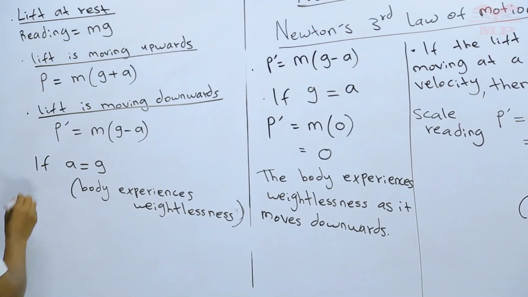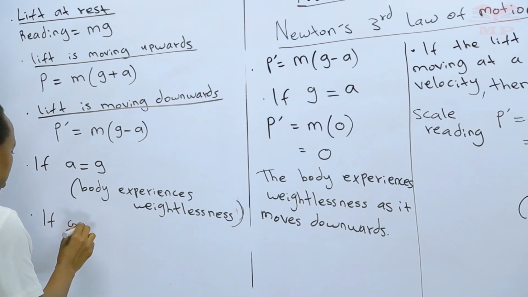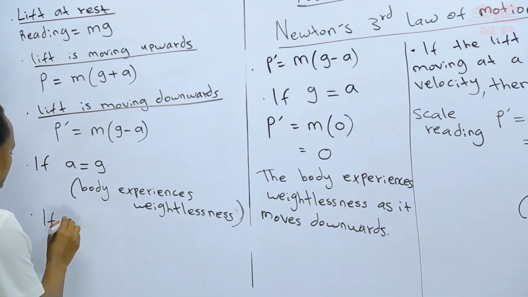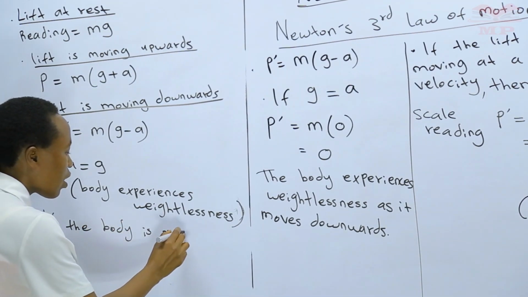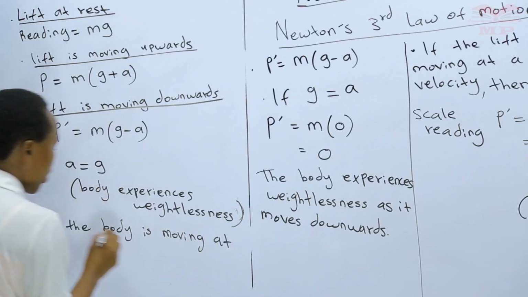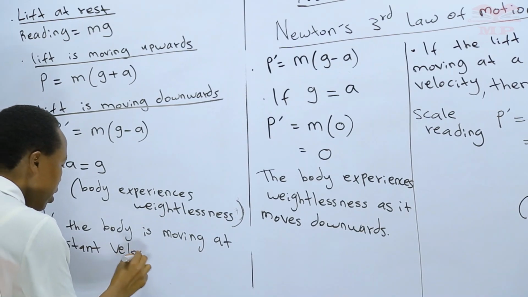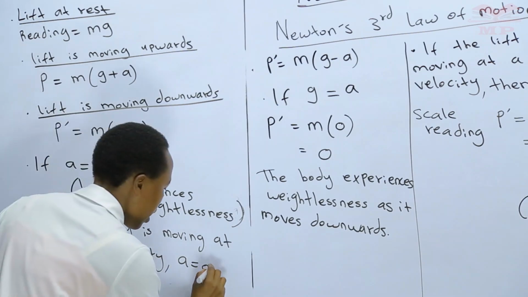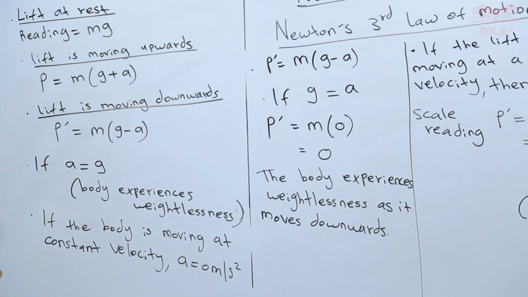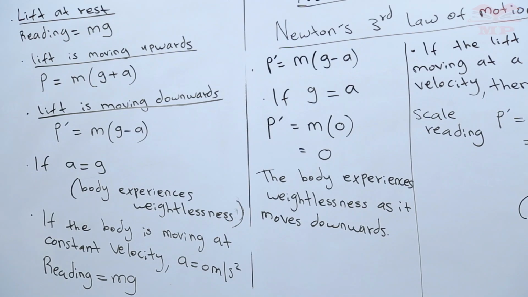Then again, we have seen if the body is moving at a constant velocity, the acceleration is 0 meters per square second, and therefore it means that the reading on the scale will show the weight of that body.